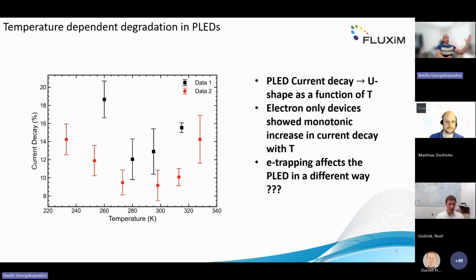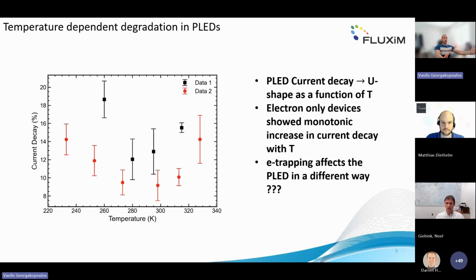What we saw in the PLEDs, instead of a monotonic increase in the current decay, was this U shape. The current decay, of course, is much smaller in magnitude, about 10 to 20%. And the same was also observed for the emission.